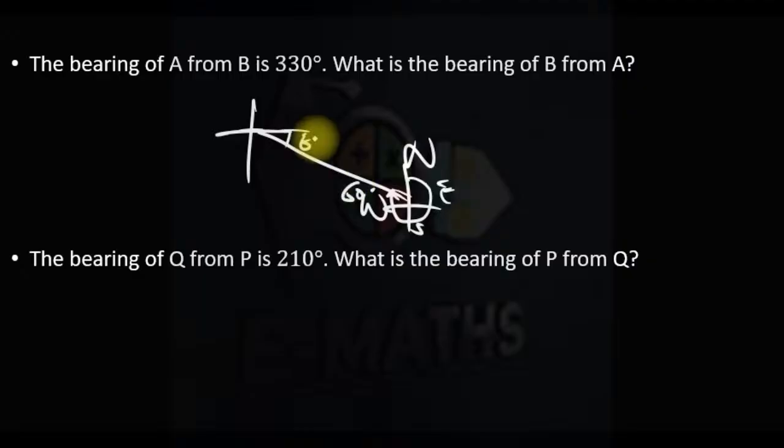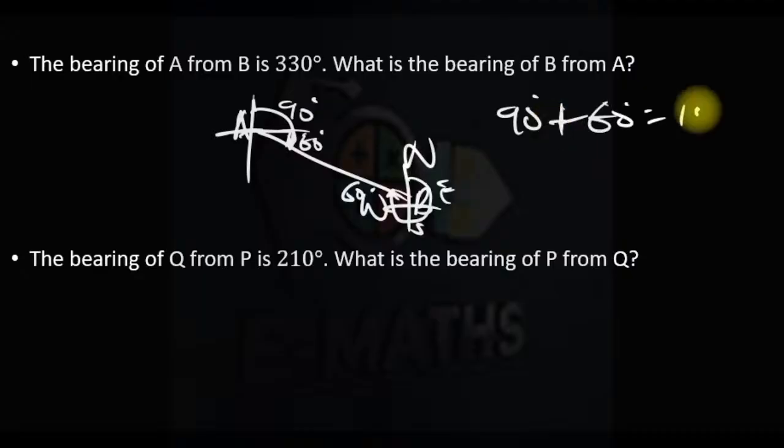Here is also 60 by the alternate angle theorem. What we are asked to find is the bearing of B from A. So this is A, this is B, and we are looking for this angle. As you can see, this is 90, so the answer is 90 plus 60, which is 150. So it's very easy.